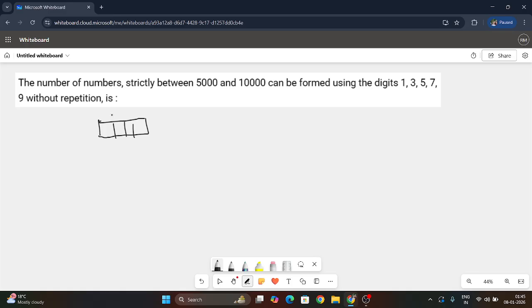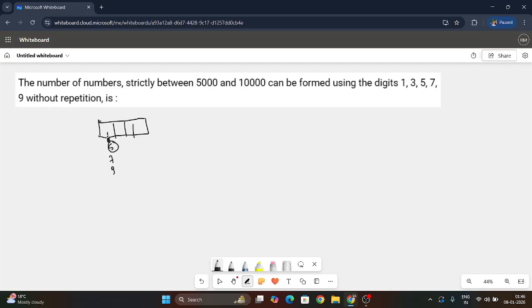Okay, so what can you take in this place? You can take 5, 7, and 9. For this place you cannot take 1 or 3, because that is going to be less than 5,000. Suppose you have taken 5 here, 5 is fixed.